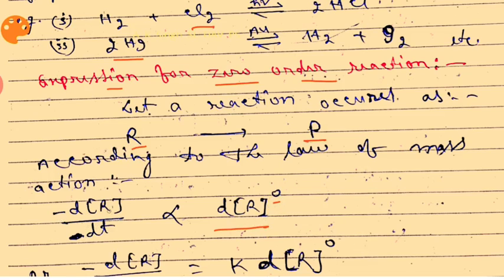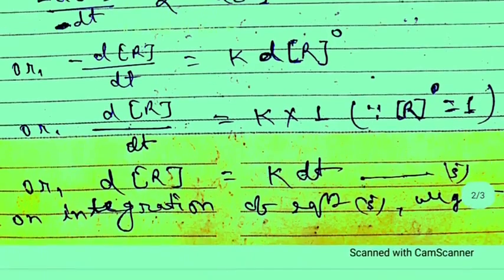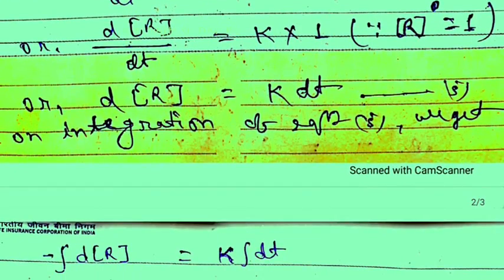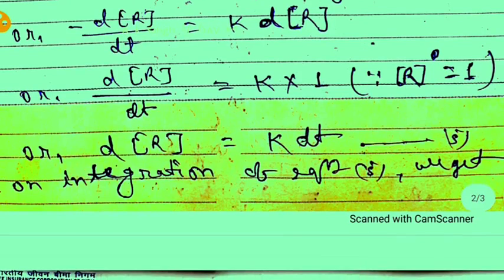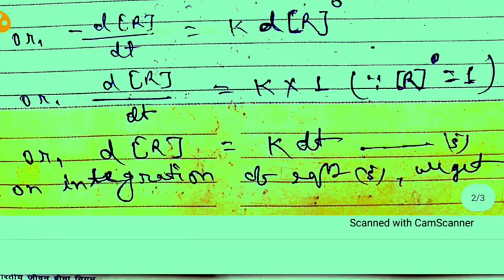So minus d[R]/dt is directly proportional to [R]^0, or we can write minus d[R]/dt is equal to K into [R]^0. The concentration of R naught is indicated here, or d[R]/dt is equal to K into 1.